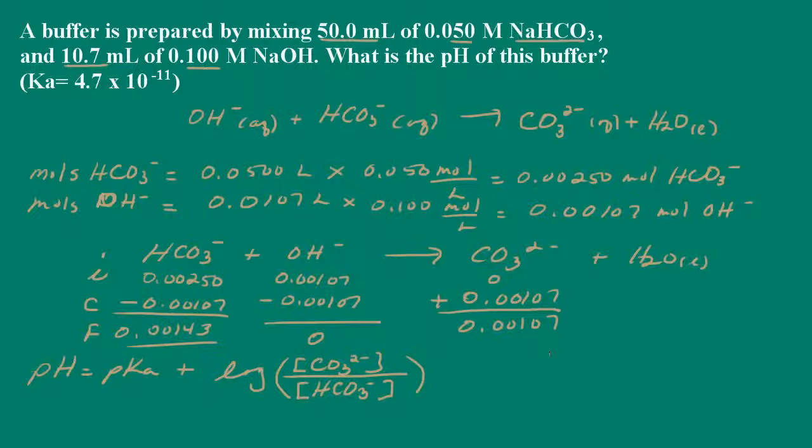Okay, so we need the pKa. Well, we have Ka, so pKa is going to be the negative log of the Ka, 4.7 times 10 to the negative 11, and that is going to be 10.33.